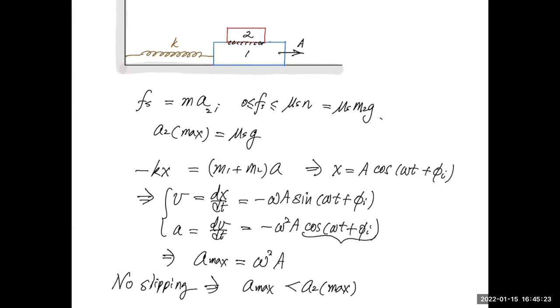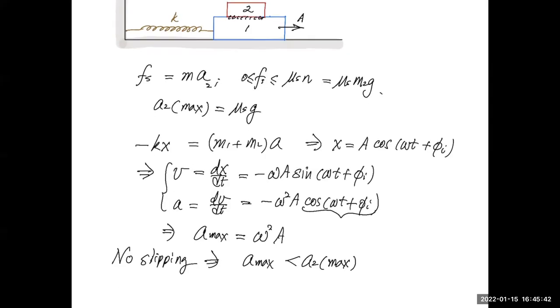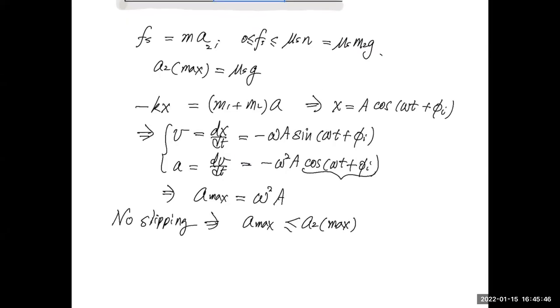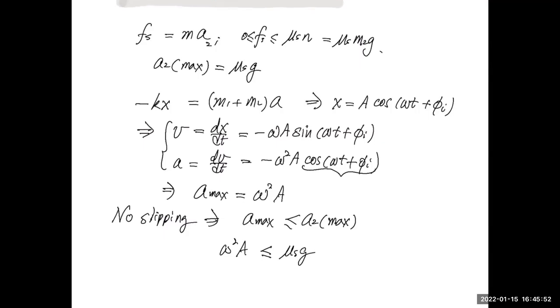In order to participate in this simple harmonic oscillation without any slipping, you want to make sure that the maximum acceleration experienced by object 2 during the entire oscillation is less than what it is capable of accelerating, which is A2 max. It can be equal, just marginally. So that tells me that omega squared A must be equal to or less than μs g.